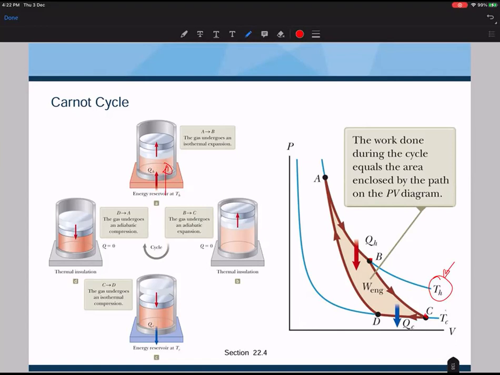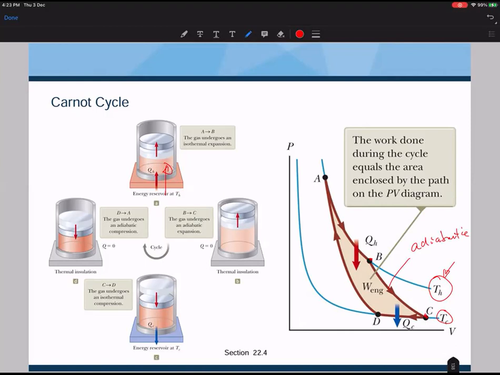This Tc would be the temperature of the cold reservoir, where we would reject the heat energy to the surrounding. So the process B to C is adiabatic, meaning that there is no heat transfer between the heat engine and the surrounding. All the internal energy change is converted into work done.